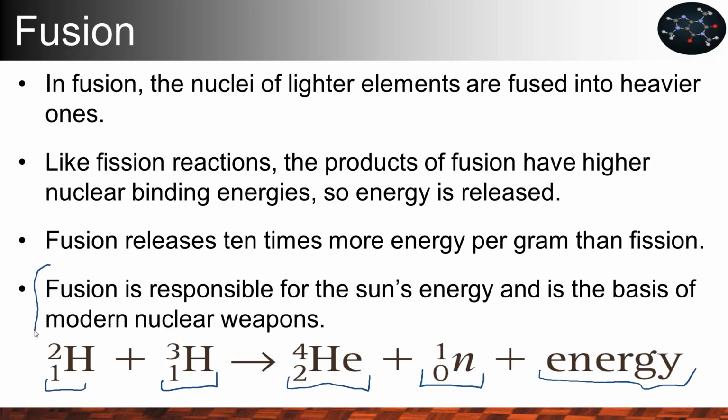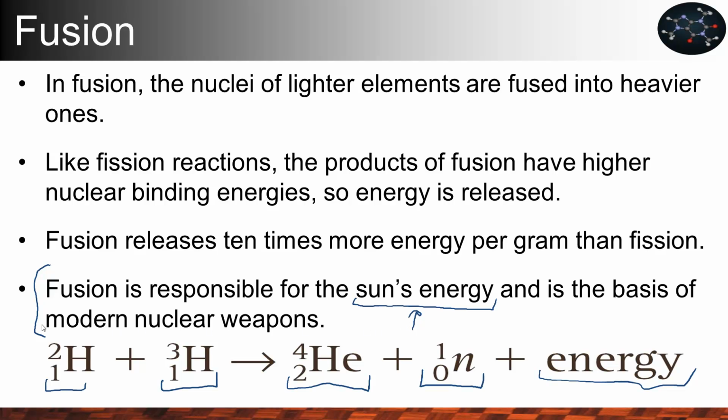Fusion is actually where the sun gains its power. The gravitational force pulling the elements together is causing them to fuse, and when it fuses, you get heavier elements to form, and those heavier elements are giving off energy in the process, and voila, huge amounts of energy from the sun.